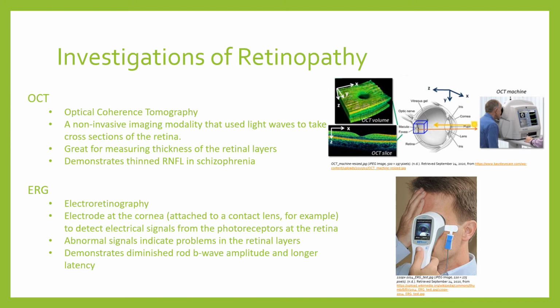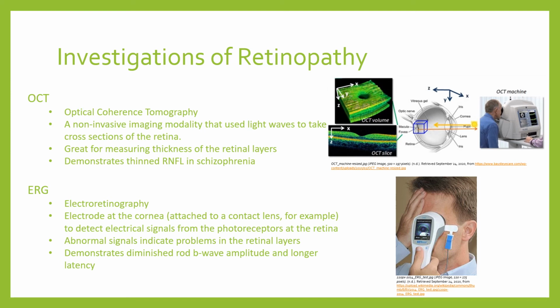This is great for measuring the thickness of the retinal layers, and actually, if you remember how I mentioned the RNFL is thinned in those with schizophrenia, well, you can observe that here.